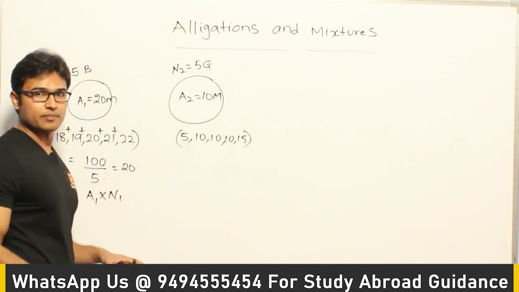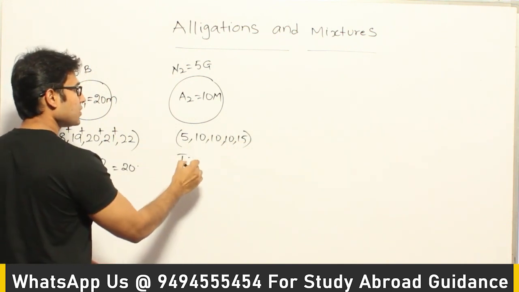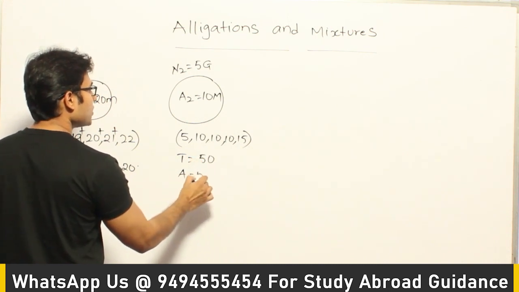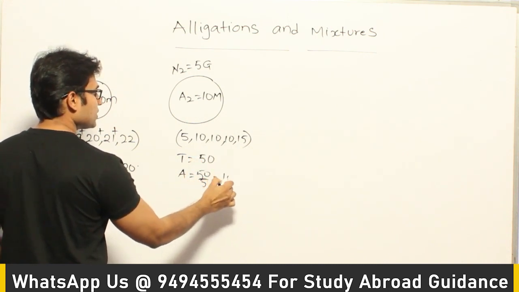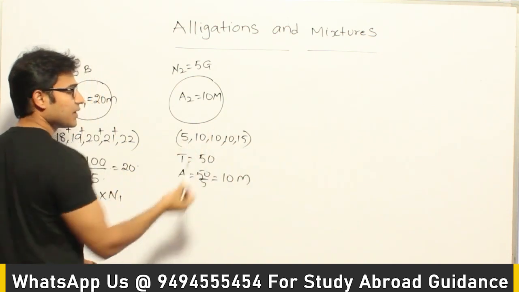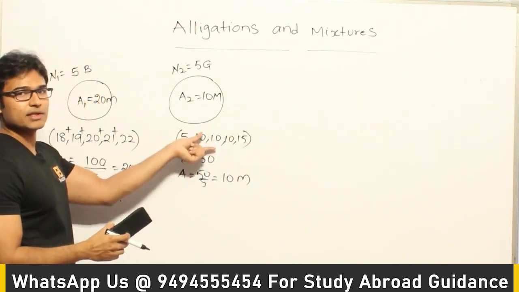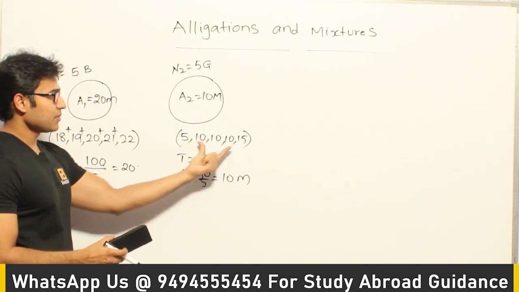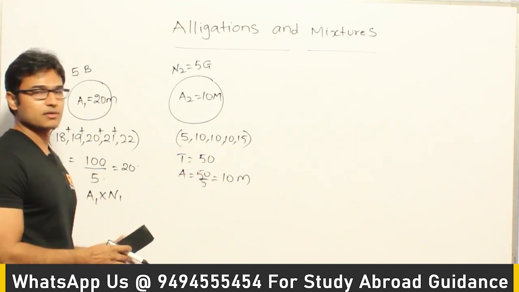If we add them all up, we get a total of 50, and the average is 50 by 5, which is 10 marks. I'm just taking an example. It need not be exactly this, it can be any other distribution, but I wanted to show you that average is nothing but total by number.